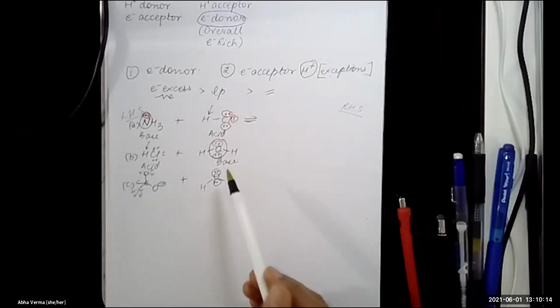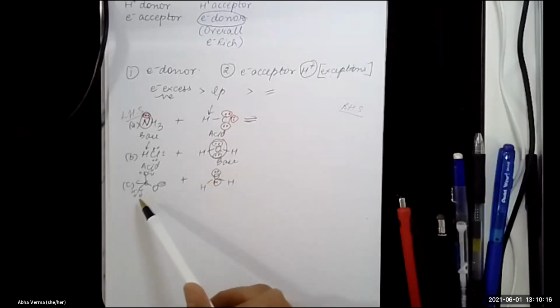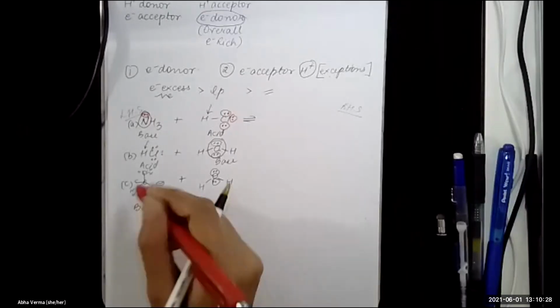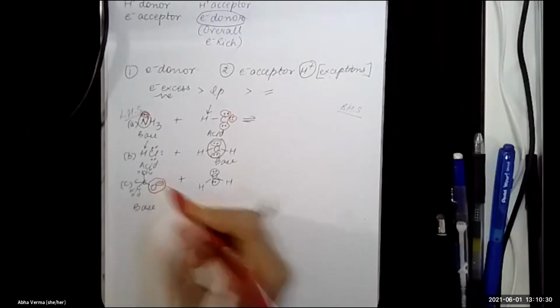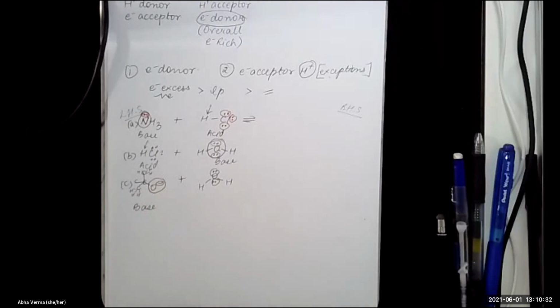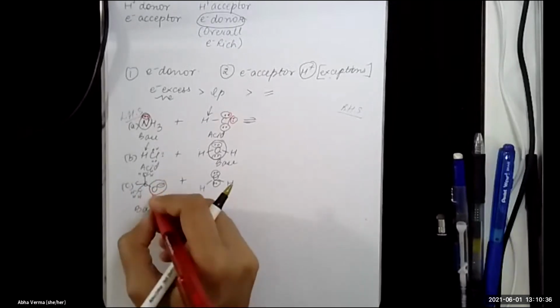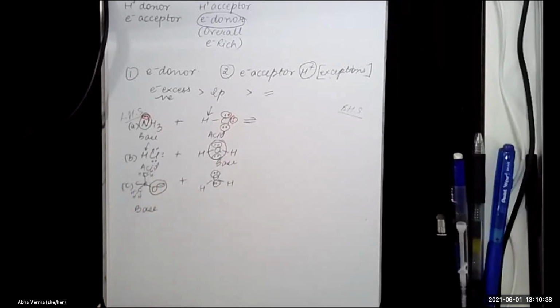But among all these hydrogens and all these hydrogens, who will be more acidic and why, and who will be more basic and why? C4H9O will be a base because it's more likely to donate. Exactly. Very good. Because of the negative charge, this oxygen will be your electron donor and the most basic atom in both of these.